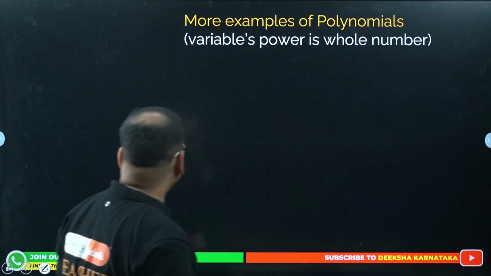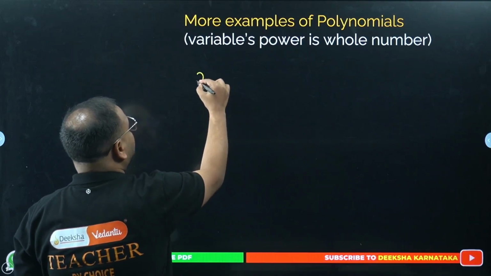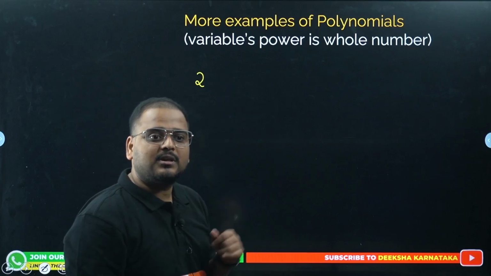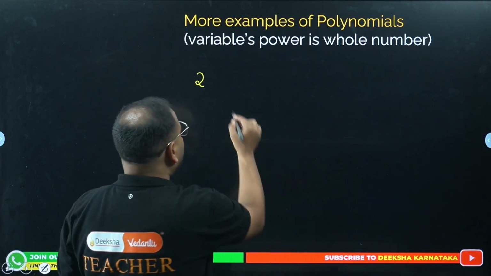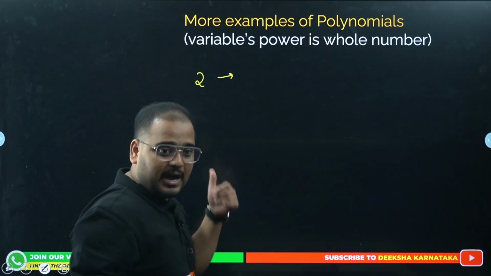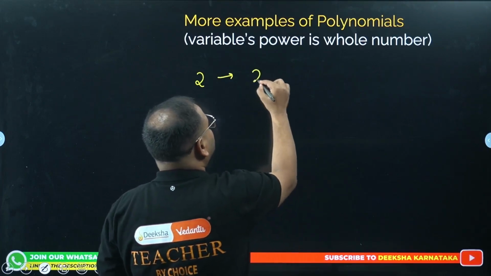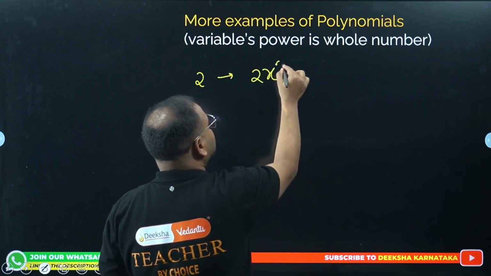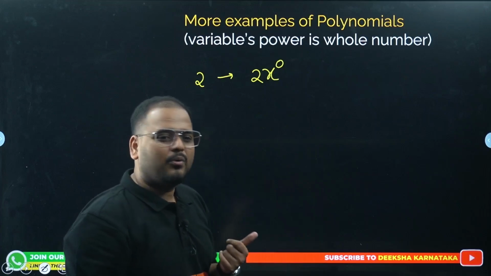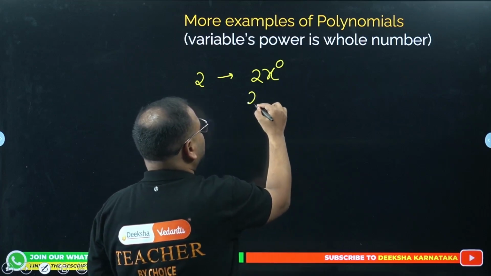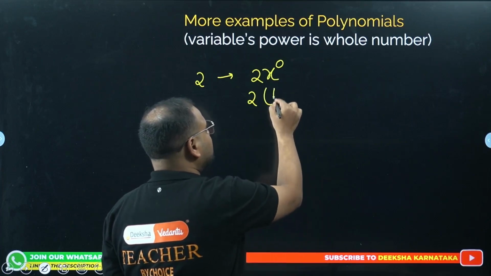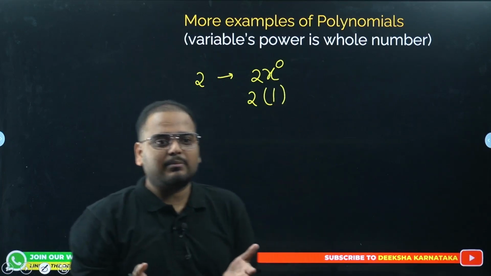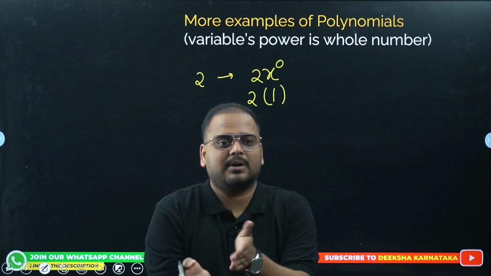We just looked at an expression, no? We said 2 is a polynomial. So there is no variable here. Then why are you saying the variable's power can be 0 also? I can write this 2 as 2 times x to the power 0. Sir, how? Because 2 times x to the power 0 is nothing but 2 times 1, and any number can be written as the number itself multiplied by 1.